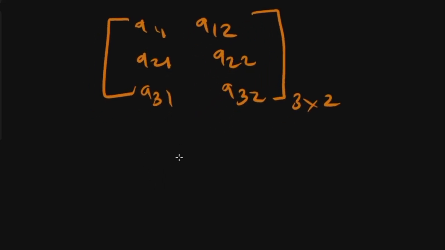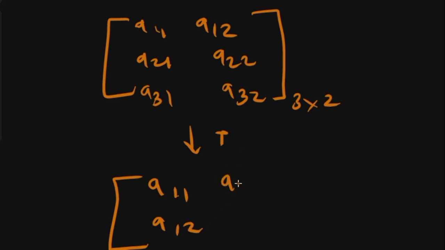So now what I have to do is perform the transpose. So I have to convert row to column, column to row. So if I convert row to column, what will it become? A11 and A21, A12, A22, A31, A32.